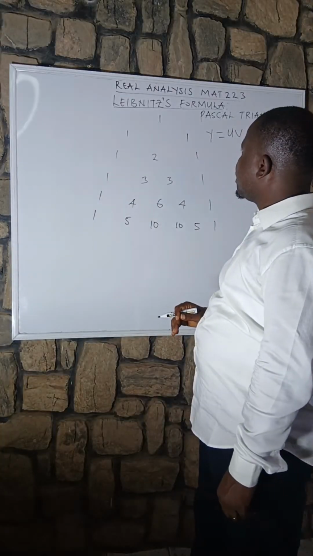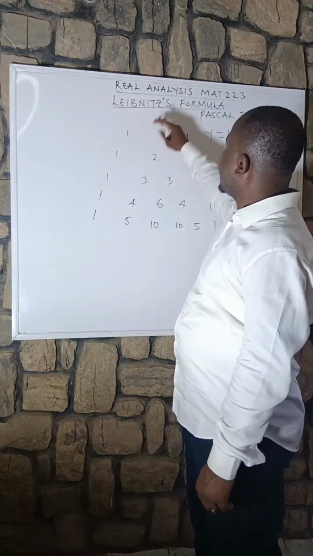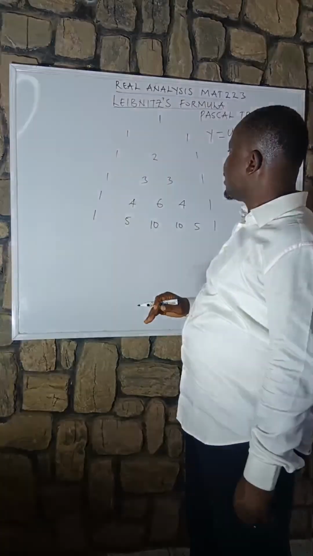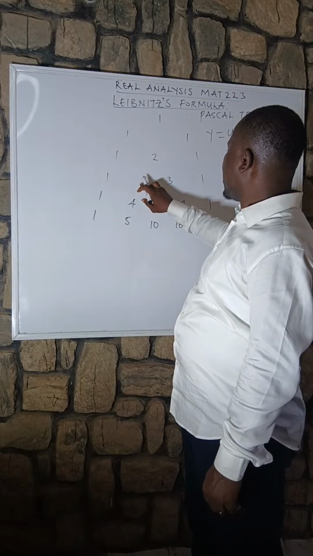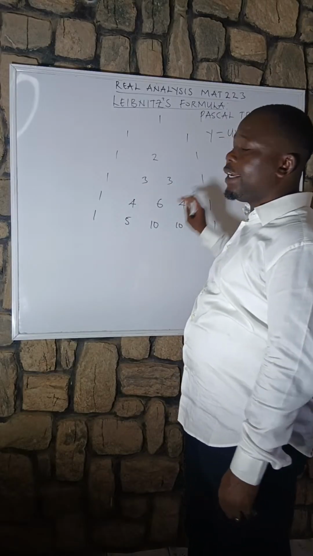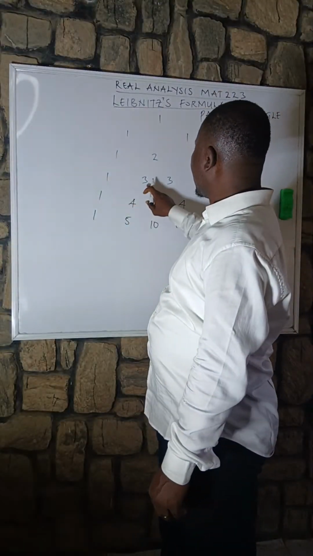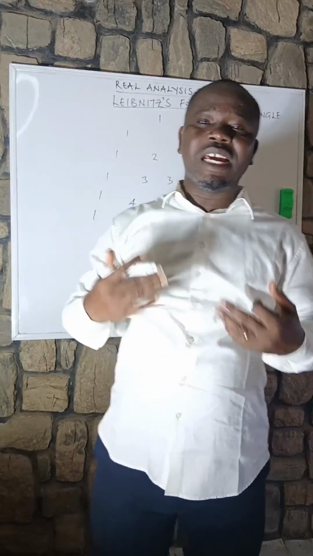If you are asked to use the Leibniz formula up to, let me say, fourth order, or up to third order, to find a given function, it is as simple as ABC.